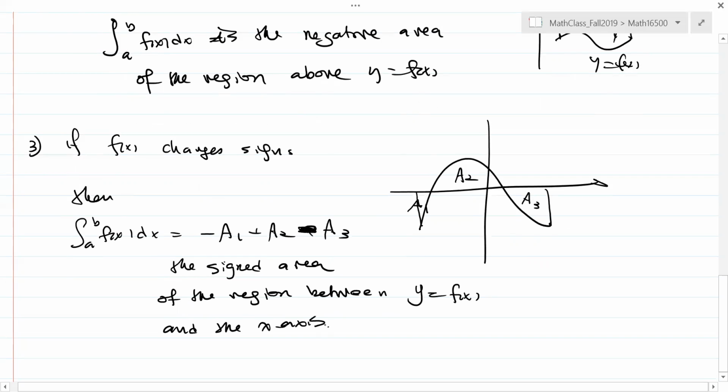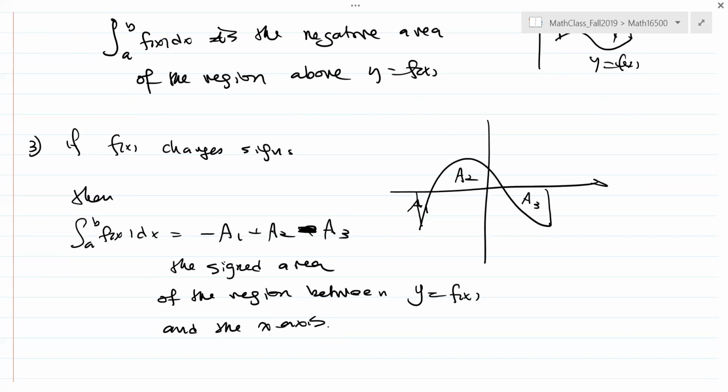Okay. So there are lots of regions, right? Some regions are below the axis, so you get a negative area. Regions above the axis, you get a positive area. So add them together. Maybe that cancels out. So that tells you if you know each region, you can evaluate the integral. You don't need to take a limit. The limit is too complicated.